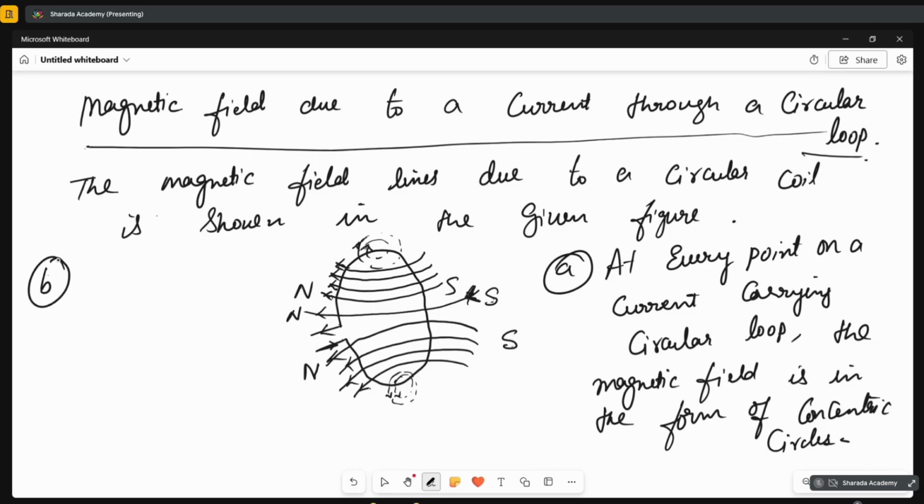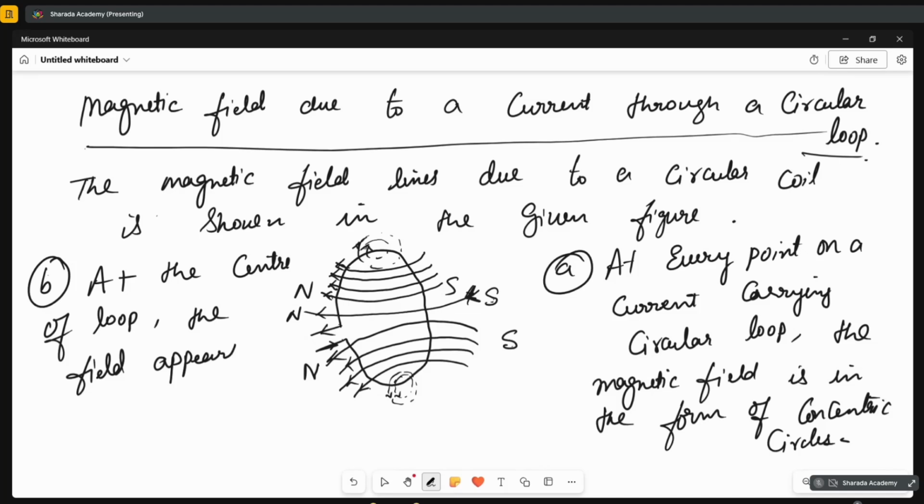Next, at the center of the loop, the field appears to be a straight line. Then B is directly proportional to the current.